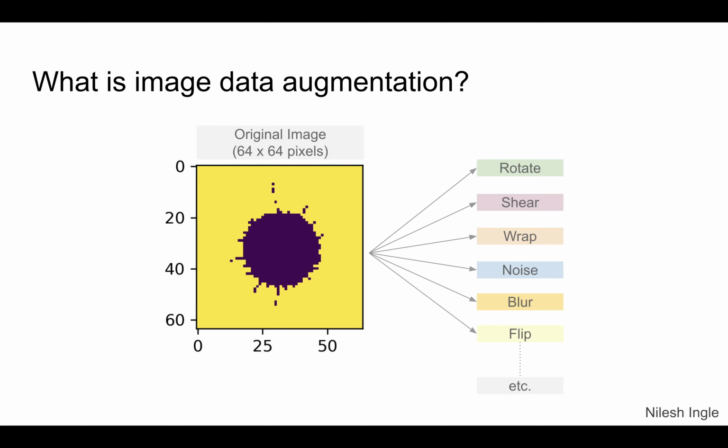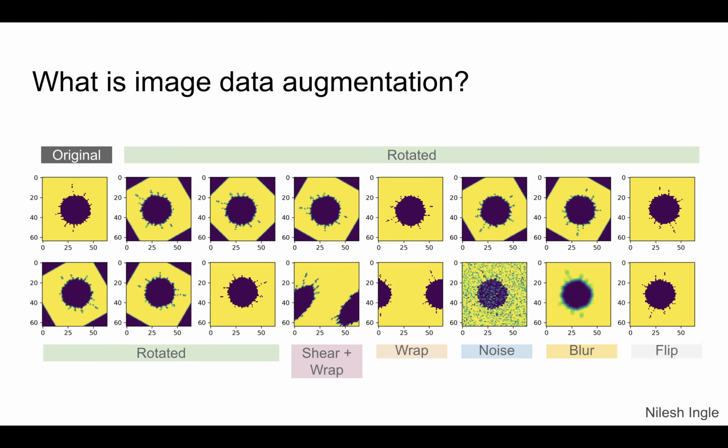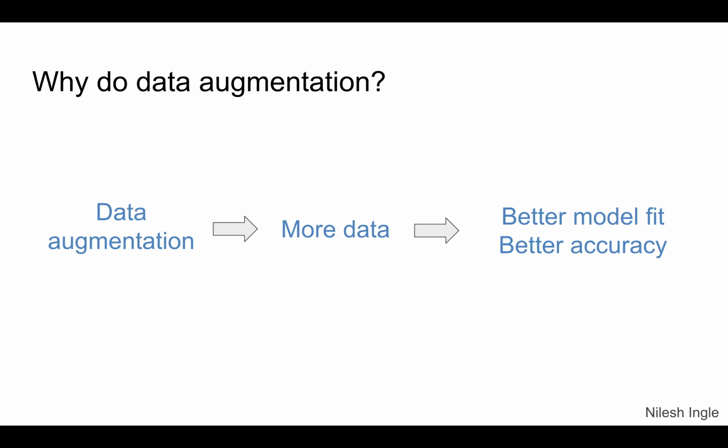It still represents the same image, but now it has a few artifacts added to it, and that's what is called image augmentation. And you ask, why do that? One advantage is that you have more data, and because you have more data, the model you are trying to train will fit better and give you more accuracy.